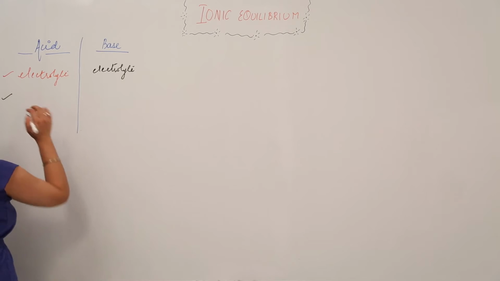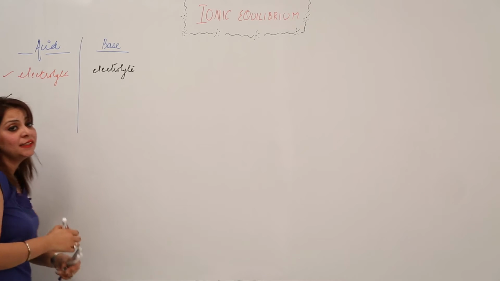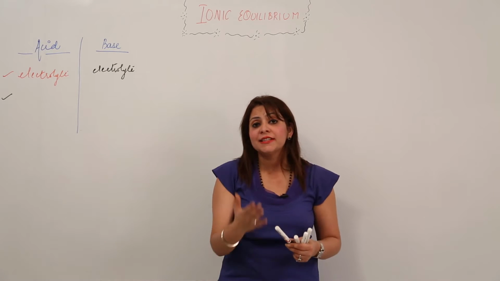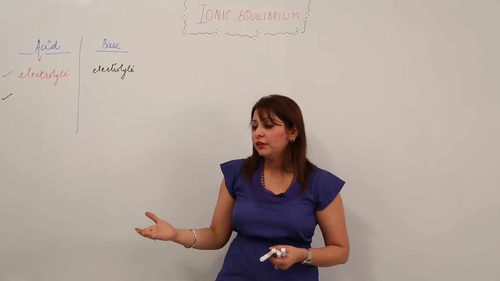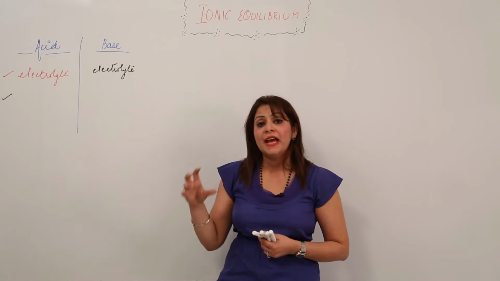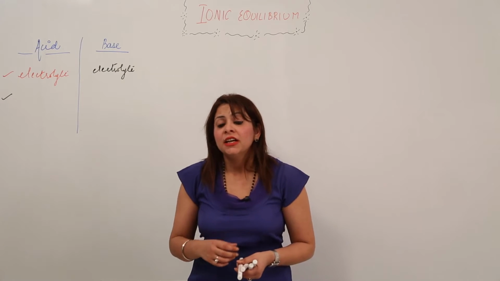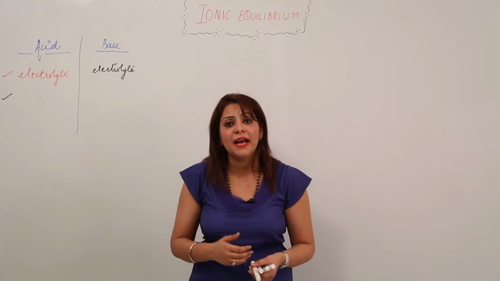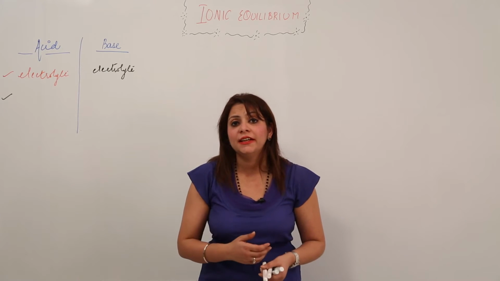Now, if we talk about taste, what kind of taste do we get from an acid? As I told you, the apple contains malic acid, the lemon contains citric acid, the vinegar contains acetic acid, right?